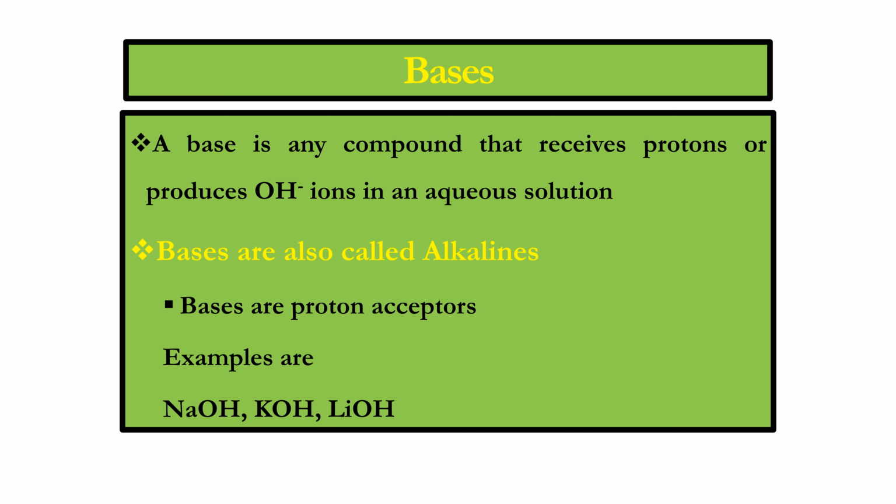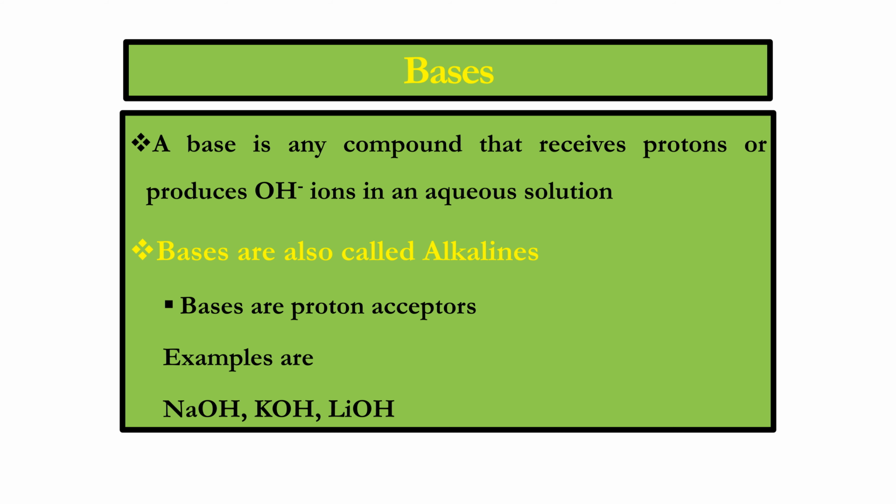We now look at bases. What is a base? In chemistry, a base is any compound that accepts protons or releases hydroxide ions in an aqueous solution. So bases are proton acceptors. Remember that acids are proton donors.